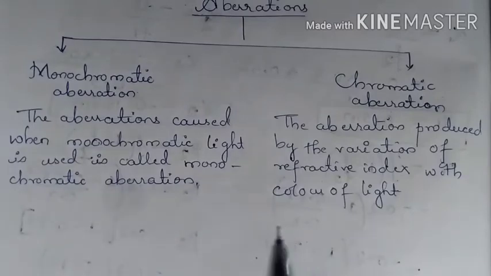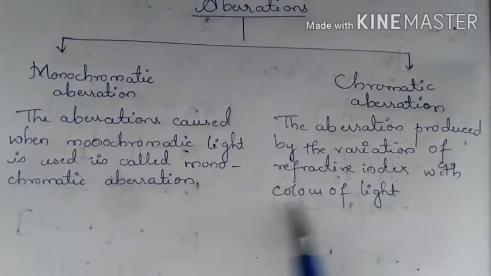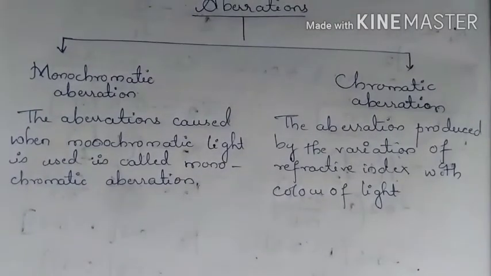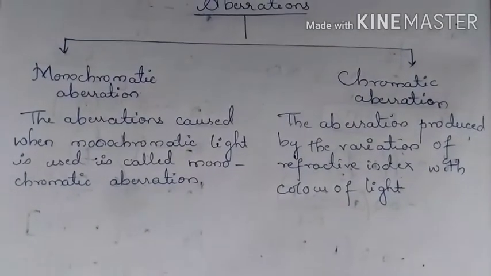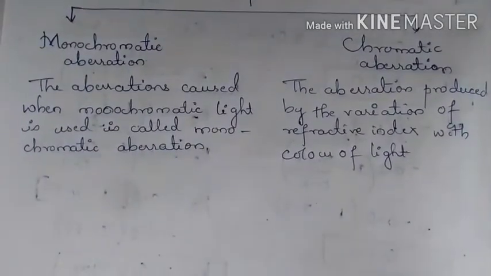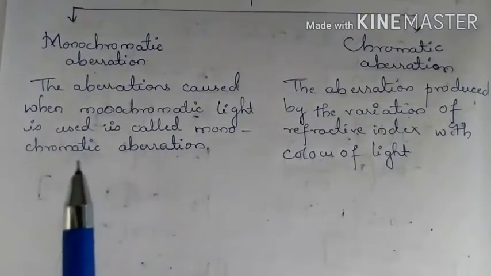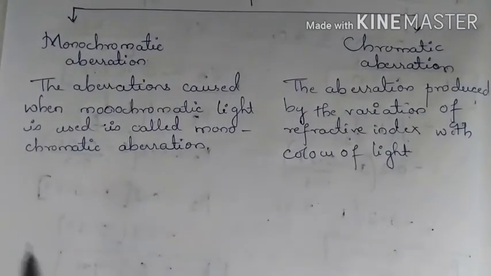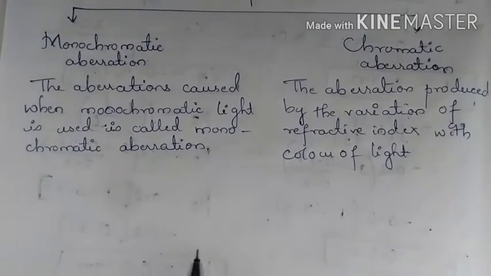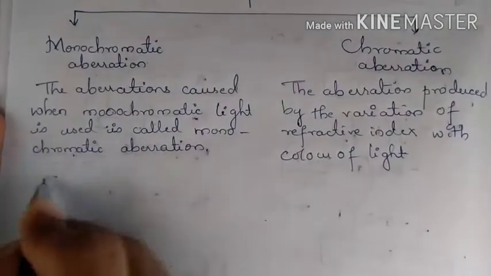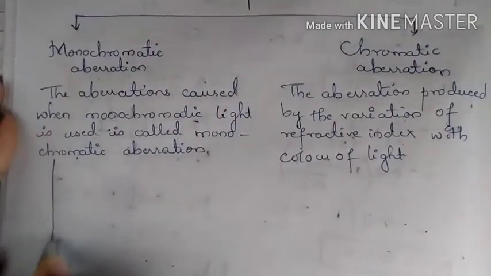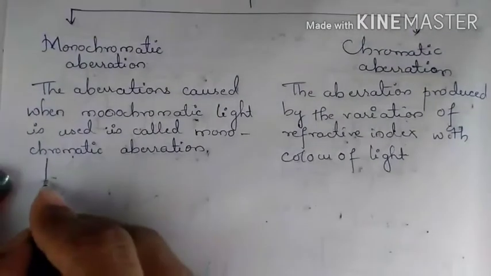If you have light of different wavelengths, then you encounter chromatic aberration. In monochromatic aberration you have different types. There are basically 5 monochromatic aberrations. Let me write them.